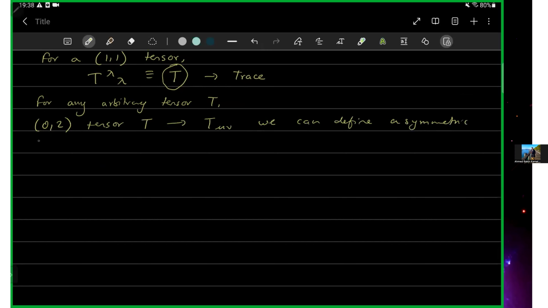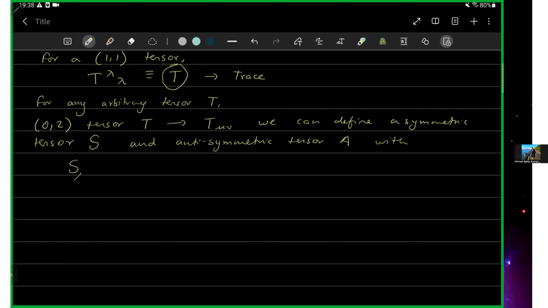So you can have a symmetric tensor, let's call that T. Oh no, I already used T. So let's call that S. And also an anti-symmetric tensor. Let's call that A, with components in the following way.